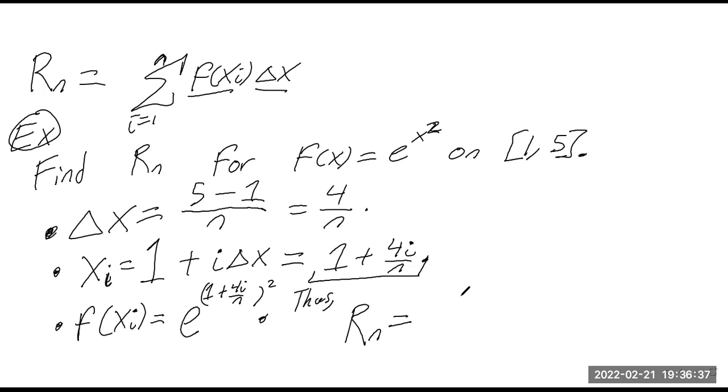So the general Rn is going to be the sum from 1 to n of f of xi times delta x, but f of xi is e to the (1 plus 4i over n) squared, and the delta x is this nice 4 over n. And that's it. Nothing else to the problem. Do not try to evaluate this limit. Very tough.